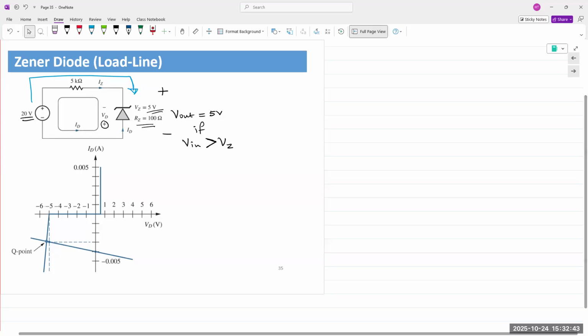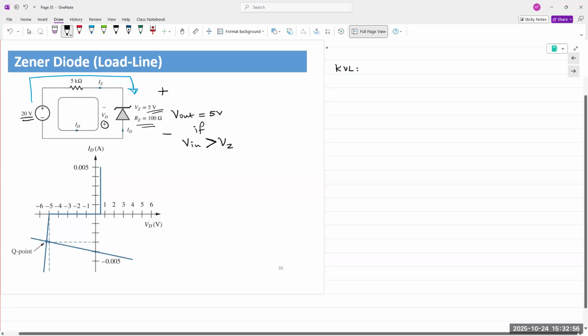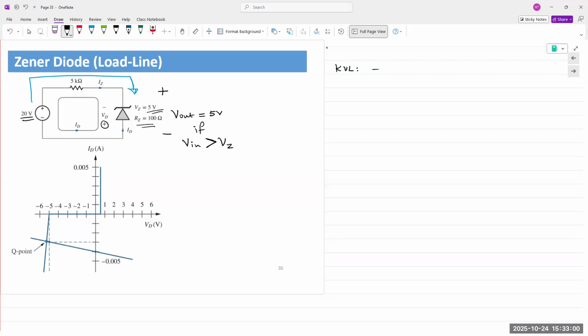Okay, so let's write the KVL expression and then generate our load line. Breakdown diodes operate in the reverse bias. Let's apply KVL around the loop. When you apply KVL around the loop, we obtain minus 20, and in order to avoid confusion, I'm going to follow what the book explanation is.